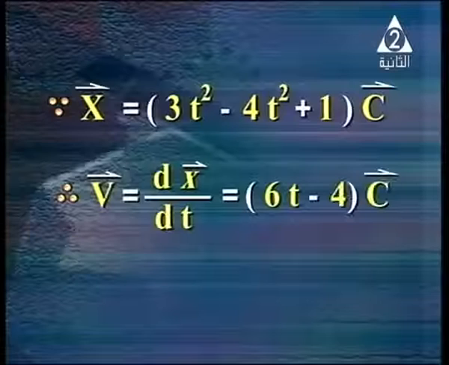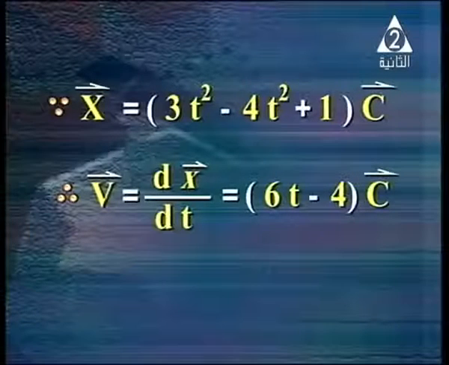When you find v, what is the velocity? Differentiation of x: dx over dt equals 6t minus 4.